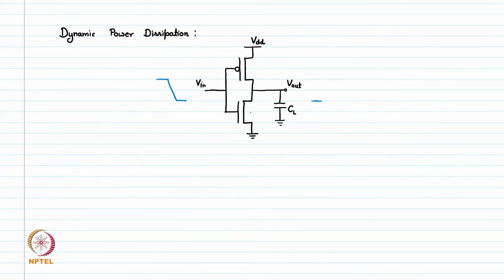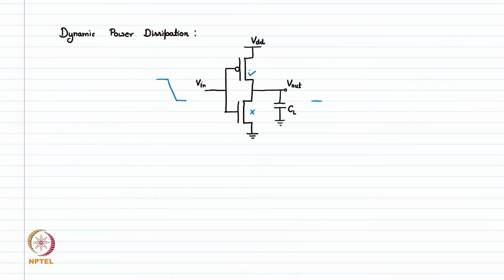So because NMOS was on, the capacitance CL was initially at the ground state, or the voltage was 0 across CL. When we keep on decreasing the input, at some point this NMOS will turn off. So what will happen? This NMOS will turn off and this PMOS will turn on.